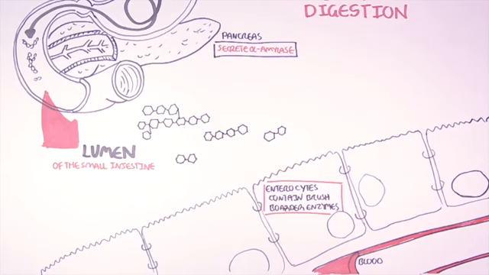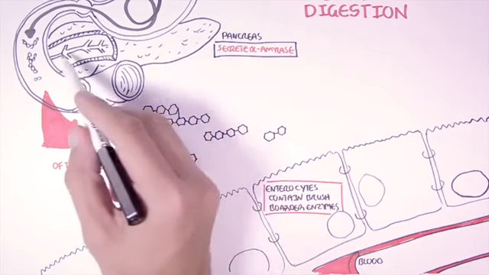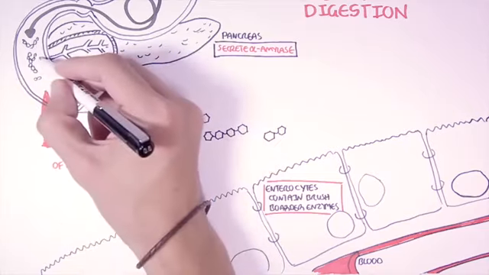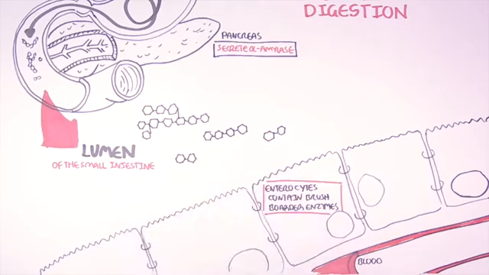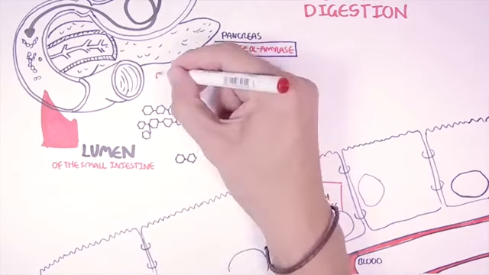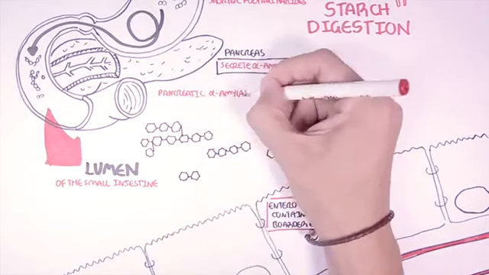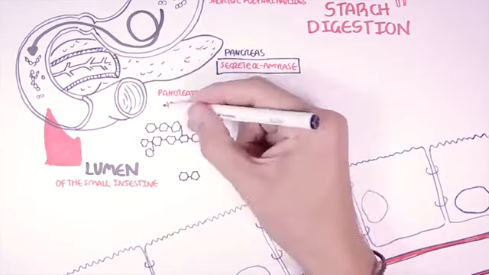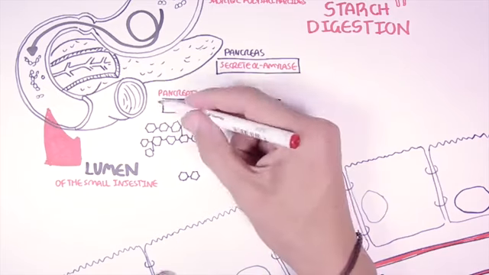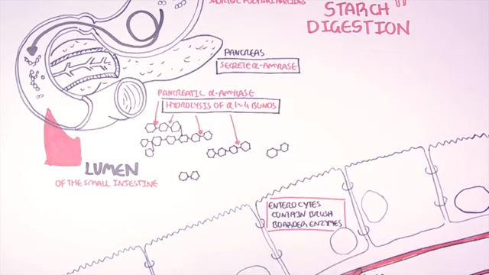The pancreatic alpha amylase will be secreted into the small intestine where it will break down the alpha-1,4 glycosidic bonds, just as what the salivary amylase did. So pancreatic alpha amylase hydrolyzes the alpha-1,4 glycosidic bonds, breaking down the starch further.